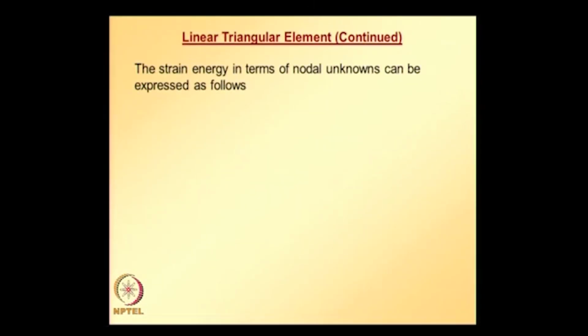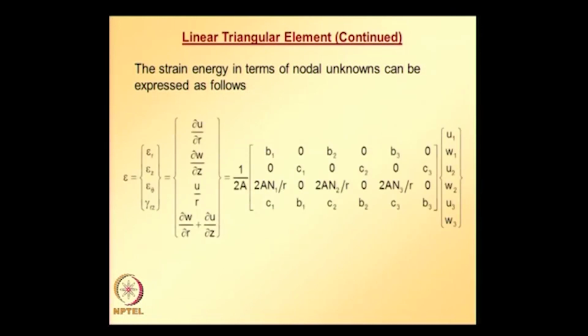Strain energy in terms of nodal unknowns can be expressed as follows. First, we need to write what is the strain vector. Strain vector consists of four components here, and the four components are defined.